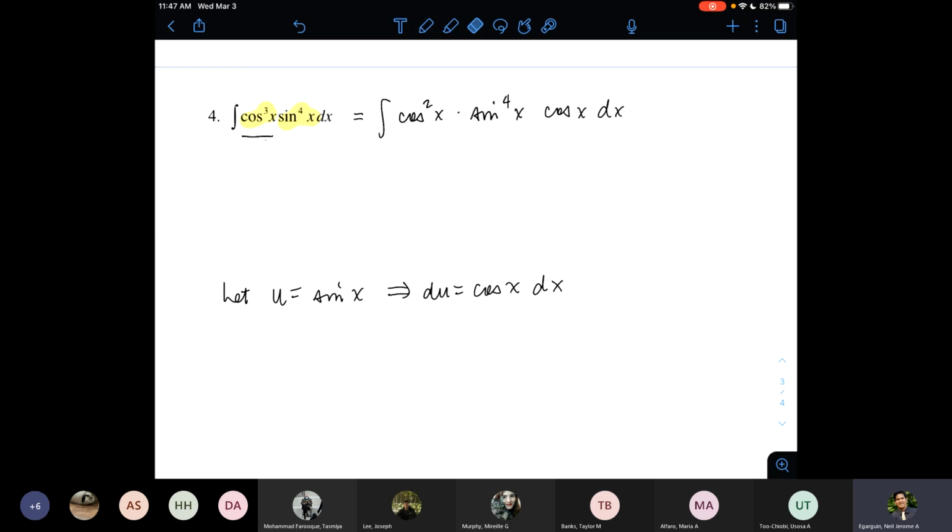So okay, here I want everything to be expressed in terms of u, right? So this guy will become my du. No problem about this. This will be u to the 4th. But the problem here is the cosine squared, right?